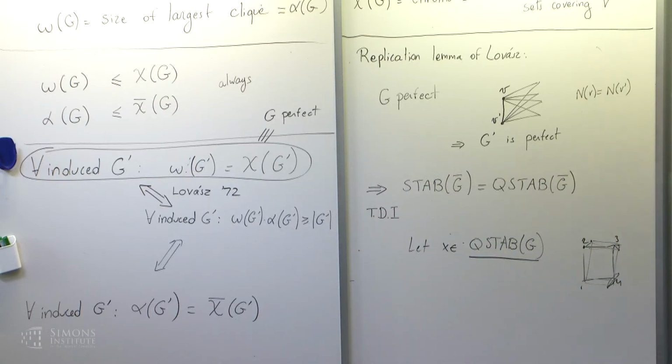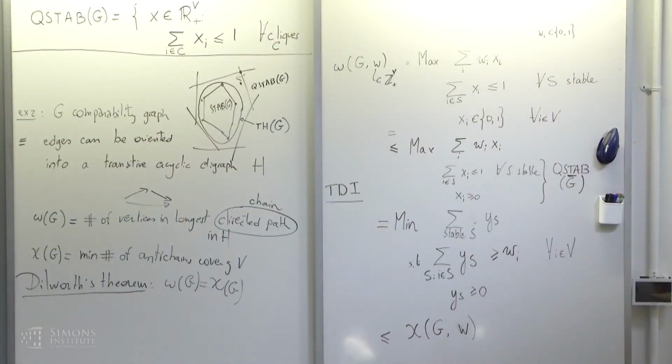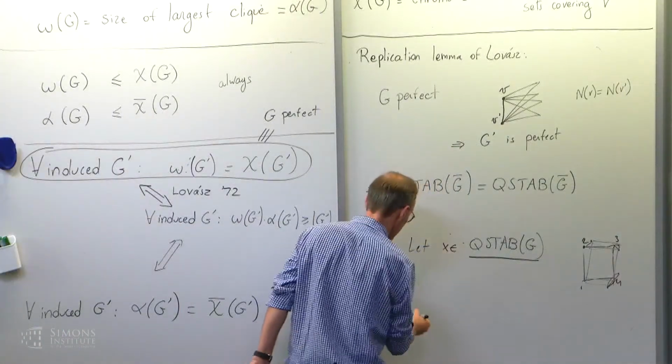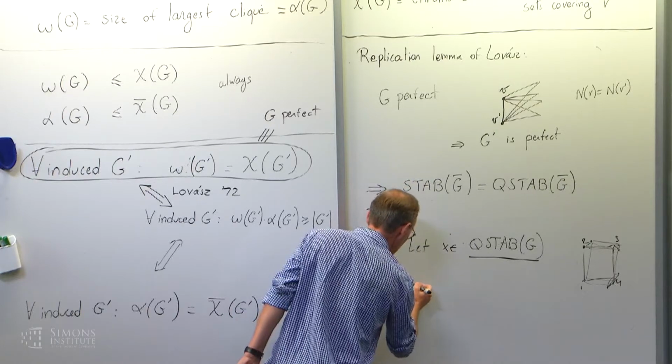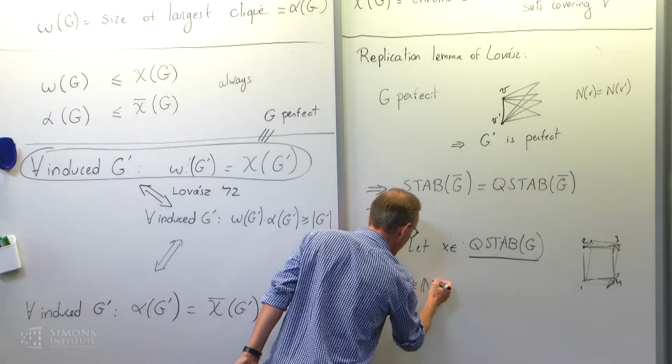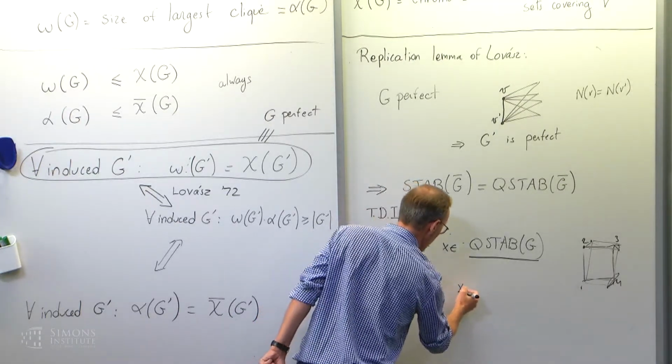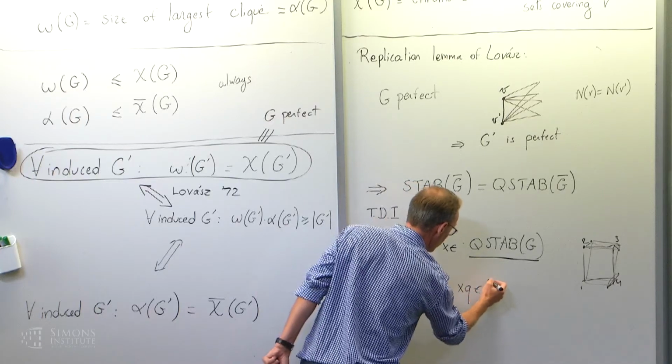Being in Q stab of G means that for every clique, I have a weight of at most 1. Let me first assume that x is rational. If x is rational, I can find an integer q such that qx is an integer vector.